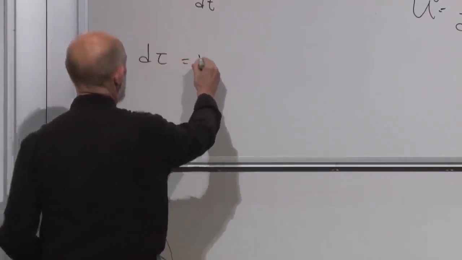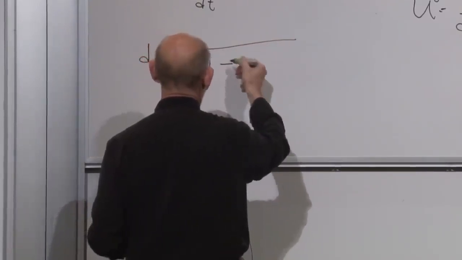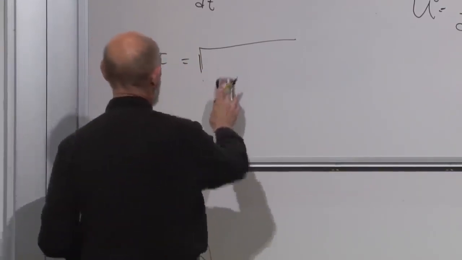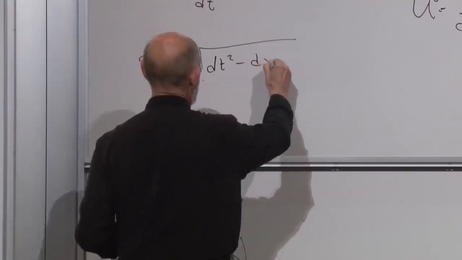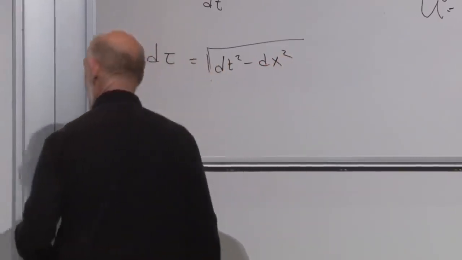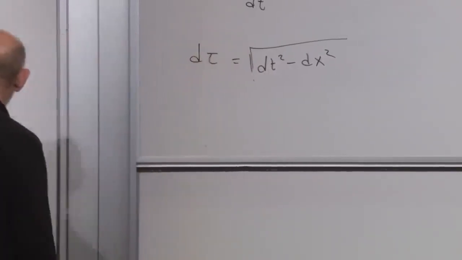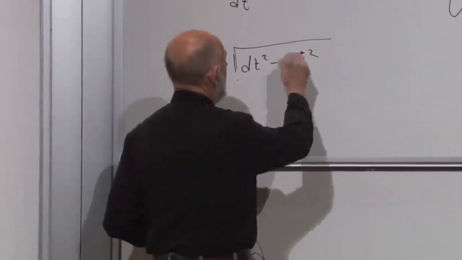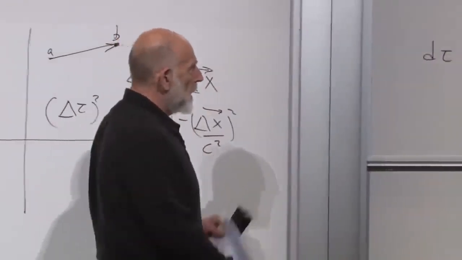d tau is the square root of dt squared minus dx squared. That's just rewriting this thing here, but with differential notation. And this means the sum of the squares of all three components.